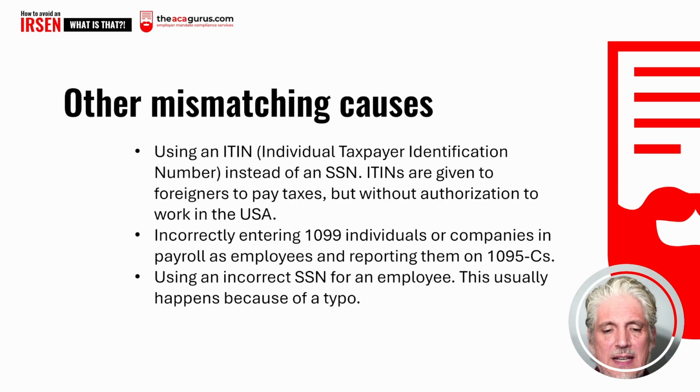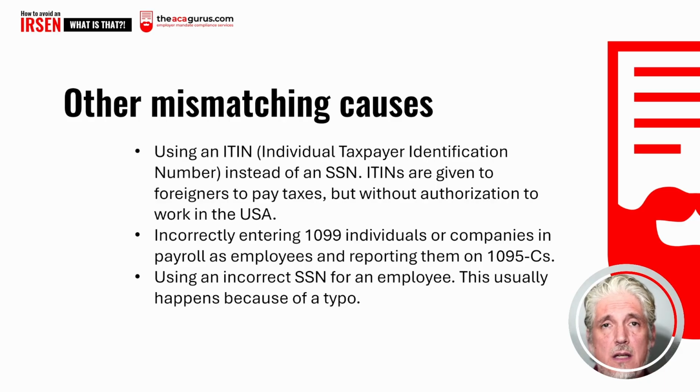Then using an incorrect Social Security number for an employee. Now, what happens is that sometimes when the Social Security number is inputted into the system, there's typos, and of course those won't match, and typically those are corrected pretty quickly once we get the IRSEN, because you just see the Social Security card, and oh, we missed a number, or we transposed a number, whatever the case may be, and that's easily corrected.